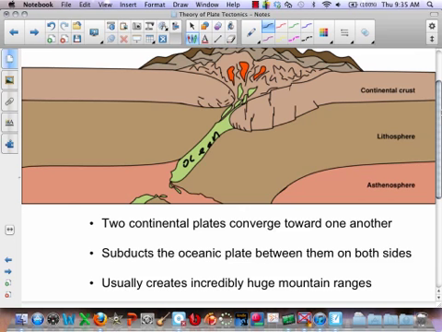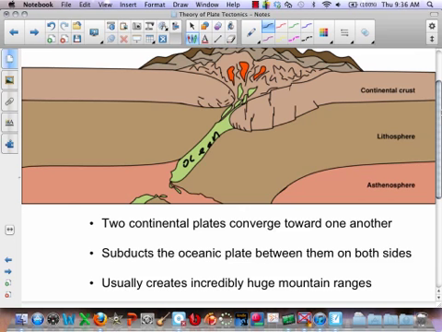It's like a 10-mile gap between Spain and Morocco. And over time, that gap is going to close. As Africa keeps inching closer and closer to Europe, you're going to have that gap close off, and the Mediterranean Sea will basically dry up and eventually be forced underneath Africa and Europe.